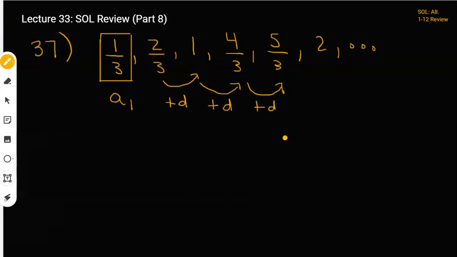So what am I adding each time? Anybody know? 1/3, right? So not only is A1 going to be 1/3, D is also going to be 1/3.